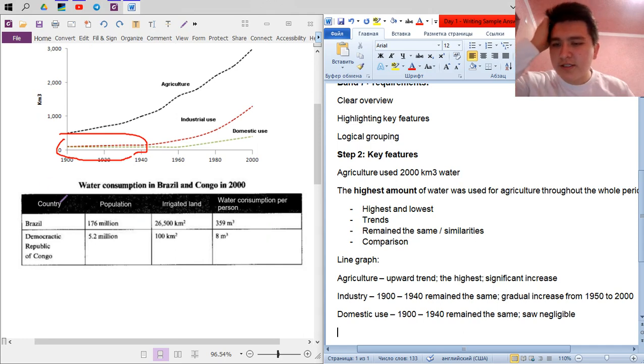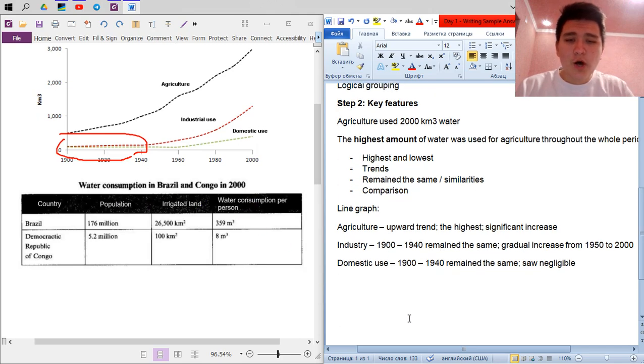How about this one? Water consumption in Brazil and Congo. This table shows us the consumption of water across two countries in terms of population, irrigated land, and water consumption per person. Now, obviously, Brazil had the upper hand here, it was the leader.